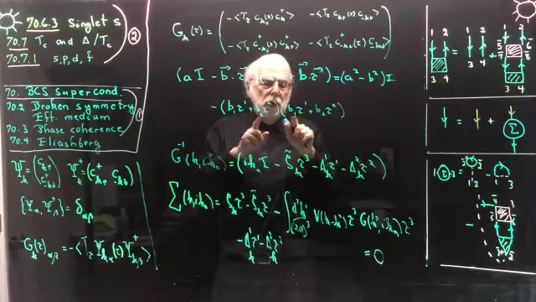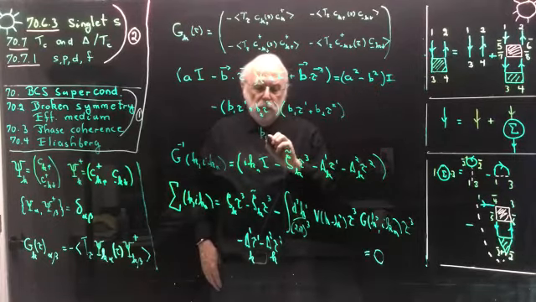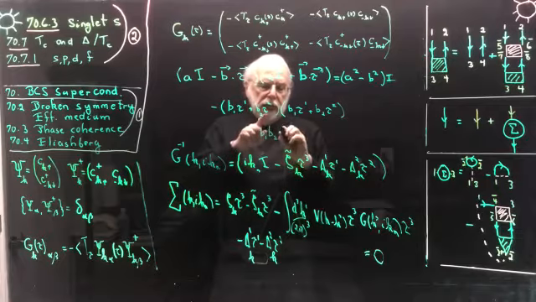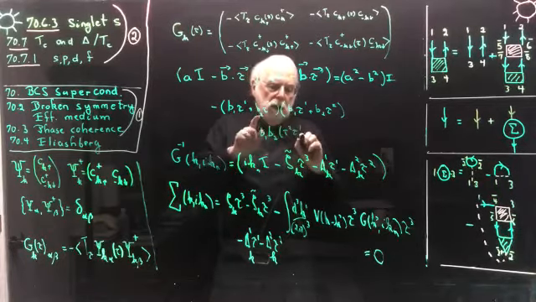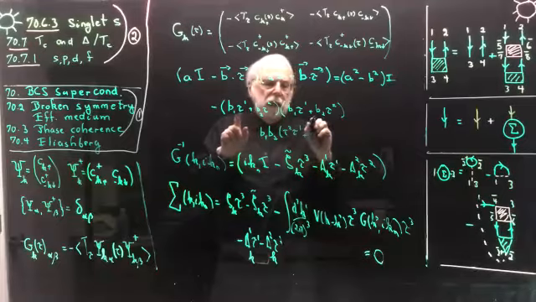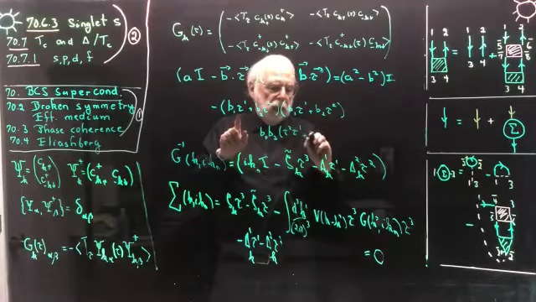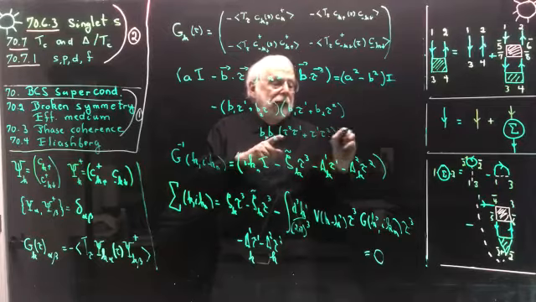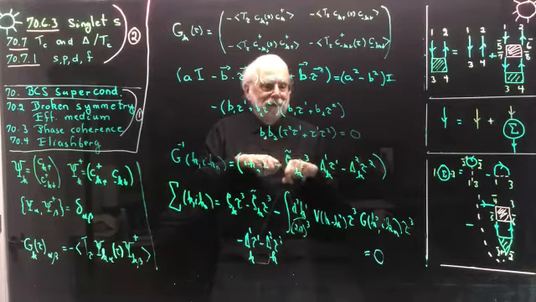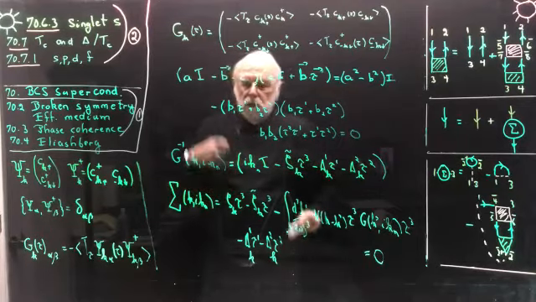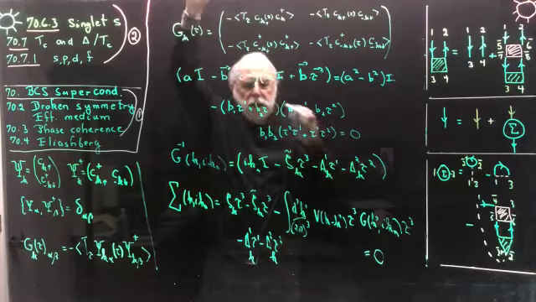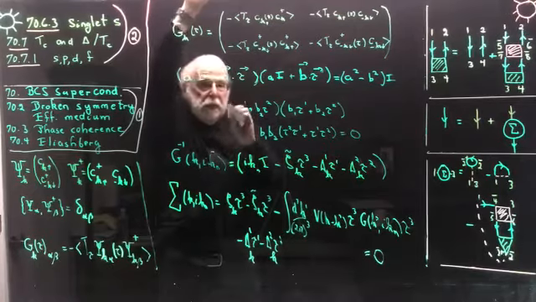If I look at B1 B2, I have tau 2 tau 1 plus the other order, tau 1 tau 2. And Pauli matrices anti-commute. Okay? So we have inverted this Green's function in a very cheap way.